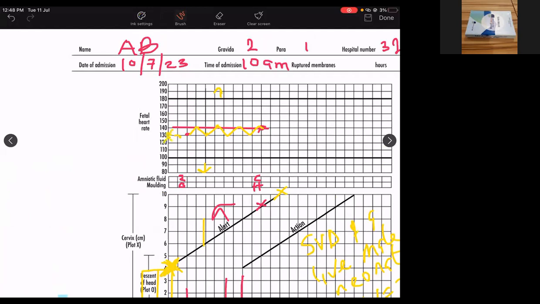Do we have a box for 8:30? We don't. So sometimes you just have to look at the question and then figure it out. But everyone has a way he plots his or her own partograph. Okay. Thank you. You're welcome. So can we interpret this one?